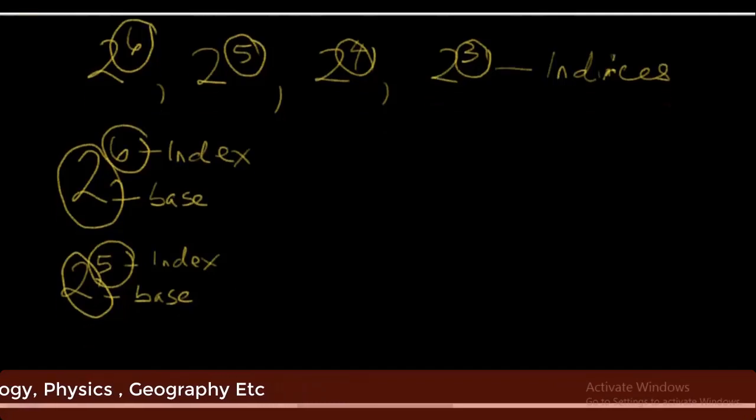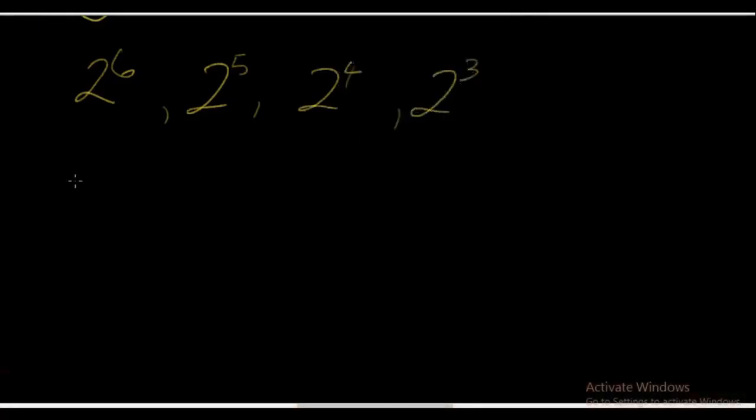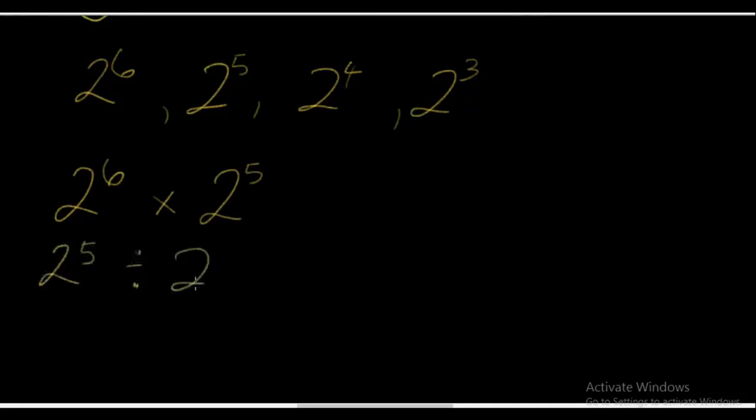Now let's move on. Let me bring the numbers down here: 2 raised to the power 6, 2 raised to the power 5, 2 raised to the power 4, and 2 raised to the power 3. Now, supposing we want to perform operations like 2 raised to the power 6 multiplied by 2 raised to the power 5, or 2 raised to the power 5 divided by 2 raised to the power 3.